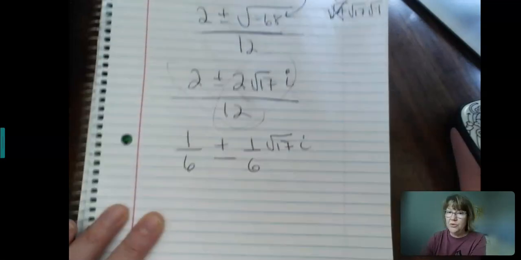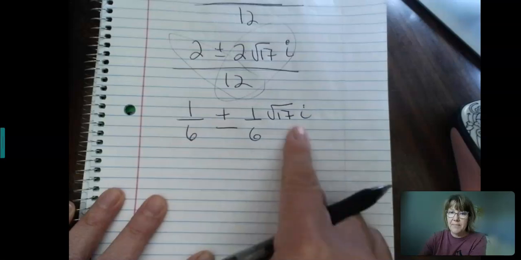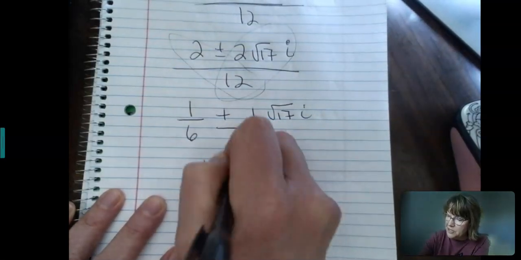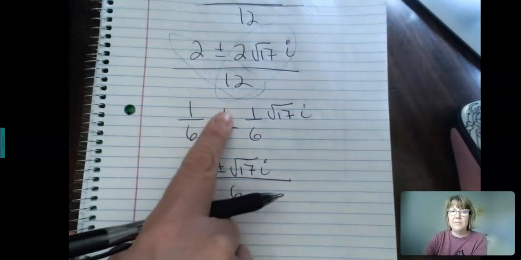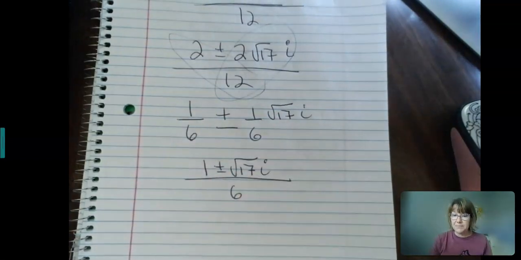And again, our Newton or whatever homework system you're using, MyMathLab, whatever it may be, it might look like this, or since these have a common denominator, it's possible they just do something like that, where they have 1 plus or minus the square root of 17 i, they put the numerator all together, divide by 6. That's a possibility.